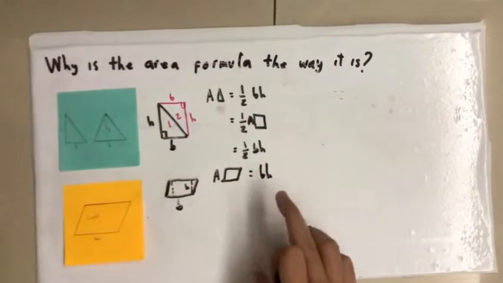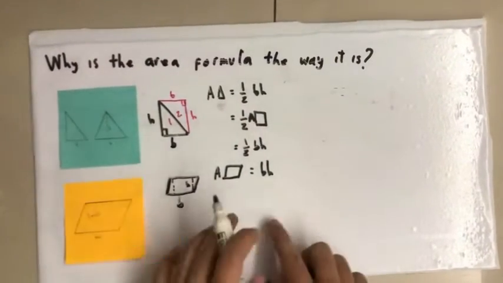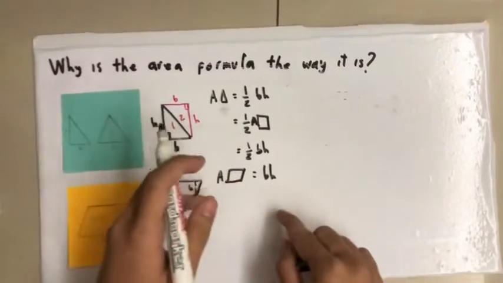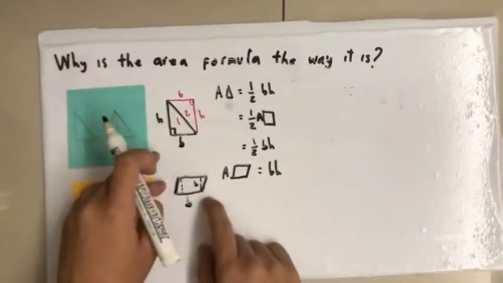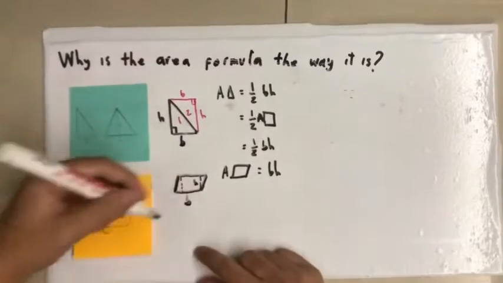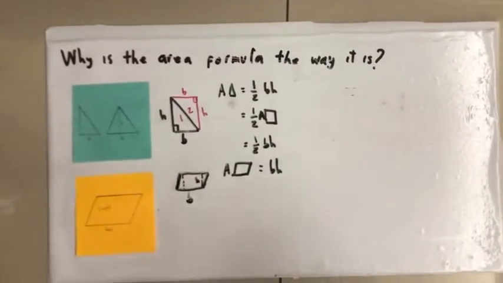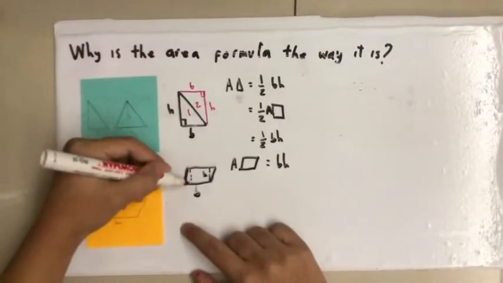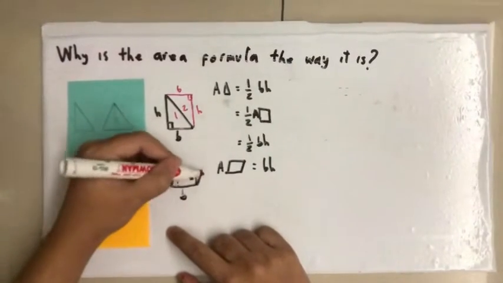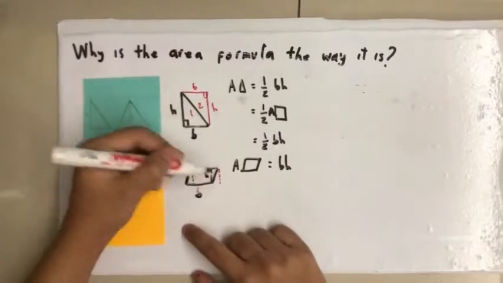But why is it base times height? It can be confusing, right? Base times height is a formula for rectangles, and this isn't a triangle, and this isn't a rectangle. So why is it the way it is? Let's just see this part right here as a triangle that we can move here because it's of the same height, right?